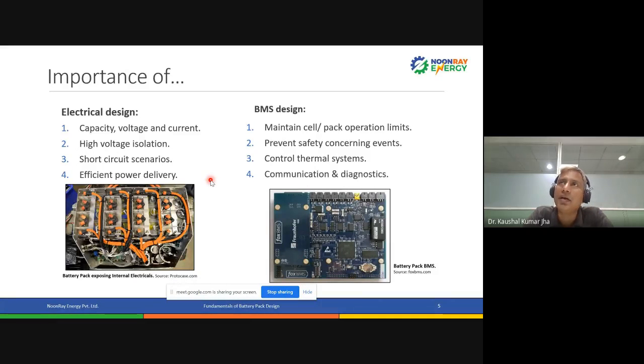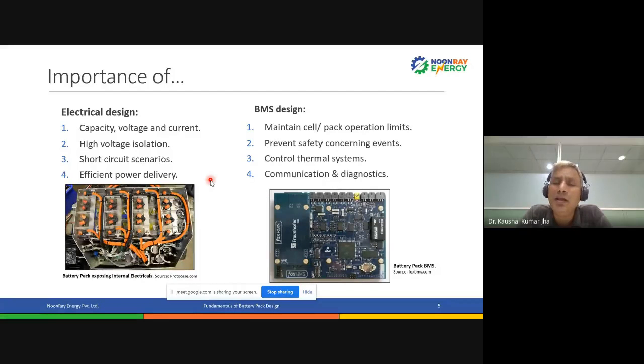Now, if there is a thermal management system, that should be controlled by the BMS to maintain the particular temperature. And for communication and diagnostics, it should be able to communicate with the motor and with other systems of the vehicle. It should continuously monitor the energy consumption, incoming energy or outgoing energy, and should tell either the driver or owner that this is what is happening, this much range is only available now, you need to charge.